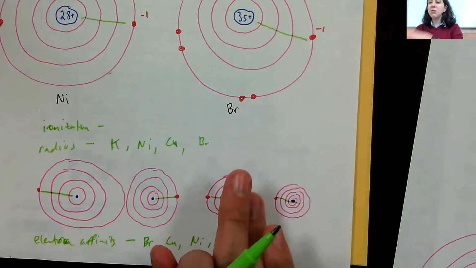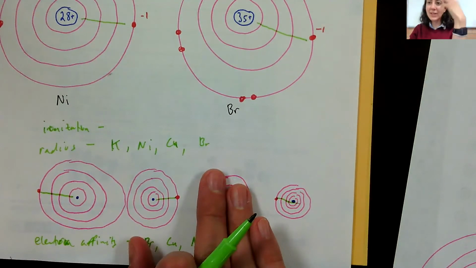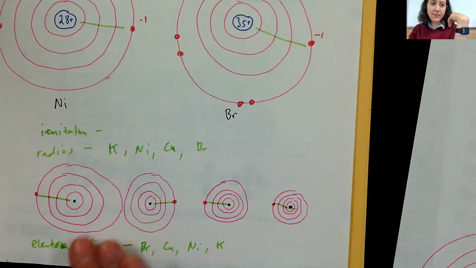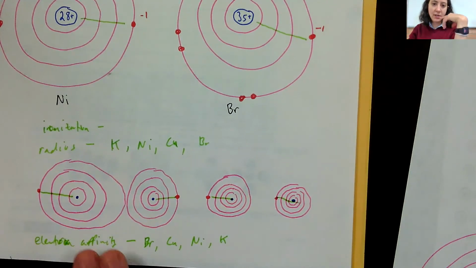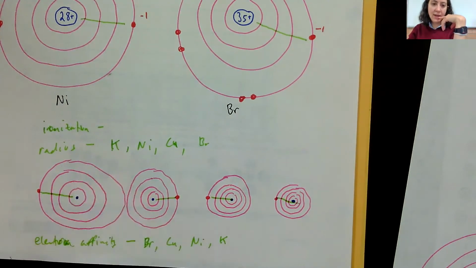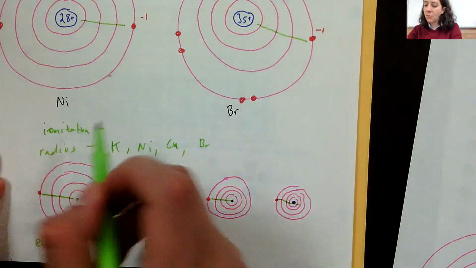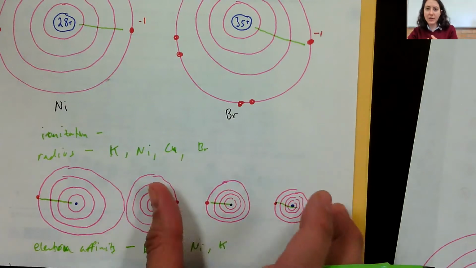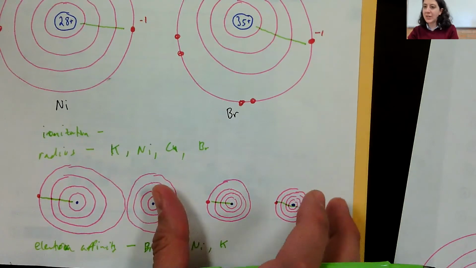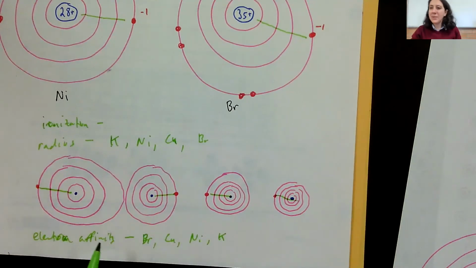So which one is going to be really hard, really difficult, and which one's going to be pretty easy? This is kind of the opposite of electron affinity, or it's the other side of the coin of that relationship.